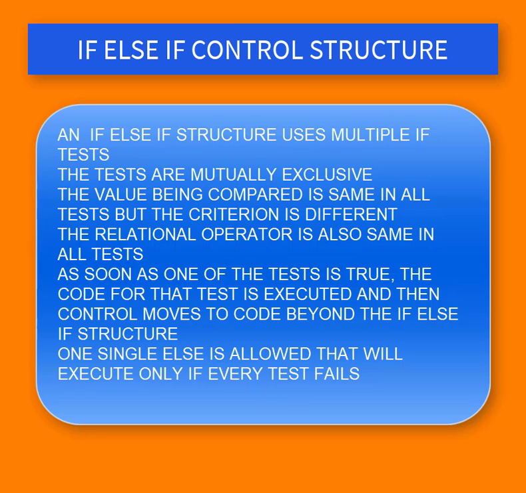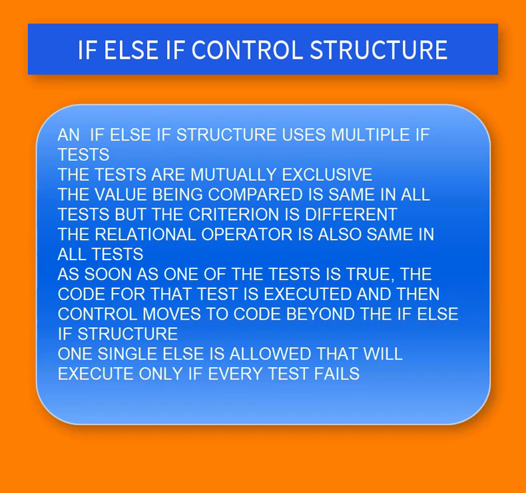To recap, an if-else-if structure uses multiple if tests. These tests are mutually exclusive, meaning only one of the tests can be true, not more than one. The value that we compare remains the same in all the tests, but the criterion, meaning whatever we are comparing against, is different in each of the tests. The relational operator we use also remains the same in all the tests.